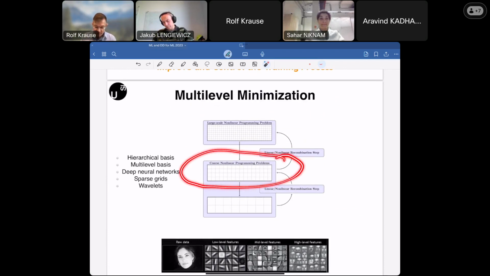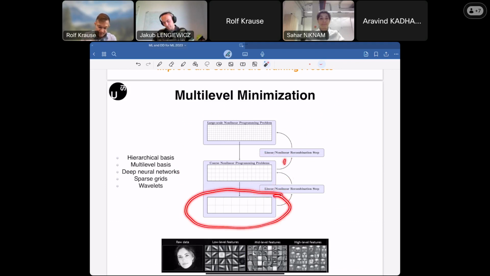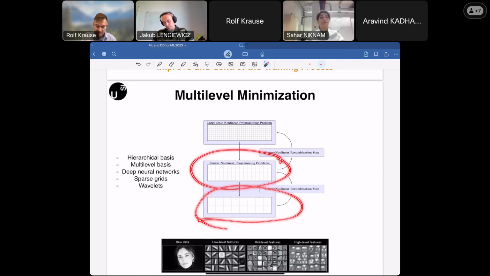You take a problem with fewer unknowns and then even one with fewer unknowns, and somehow you hope these will build a hierarchy of approximating functions, maybe some kind of frequency decomposition, or in the networks language, you can call this low level, mid level, and high level features. And then you would like to train your network by using information on these different levels.